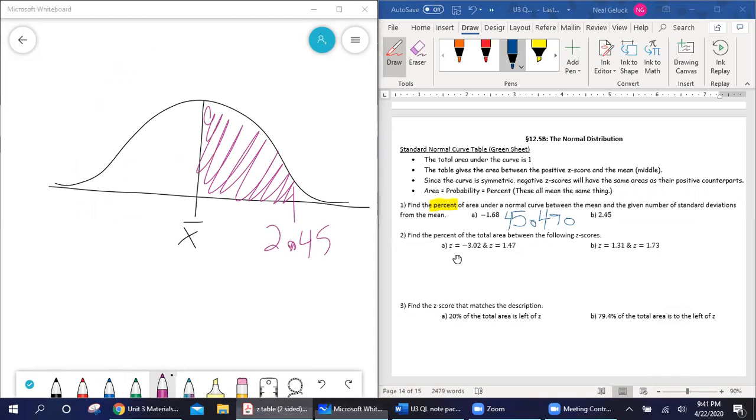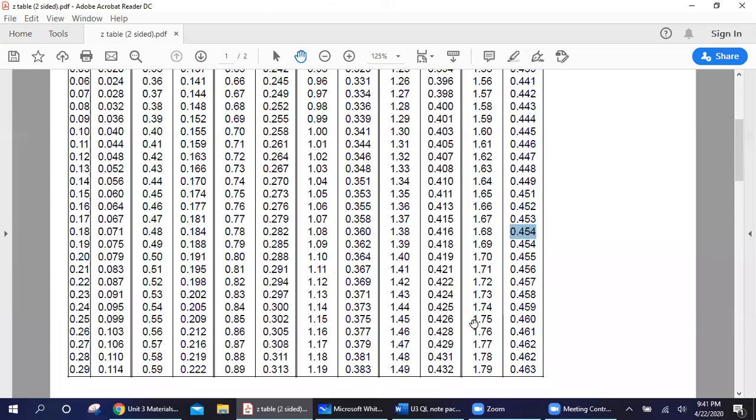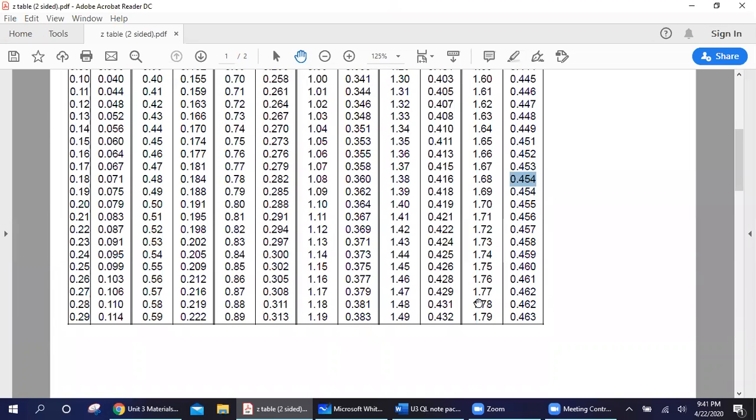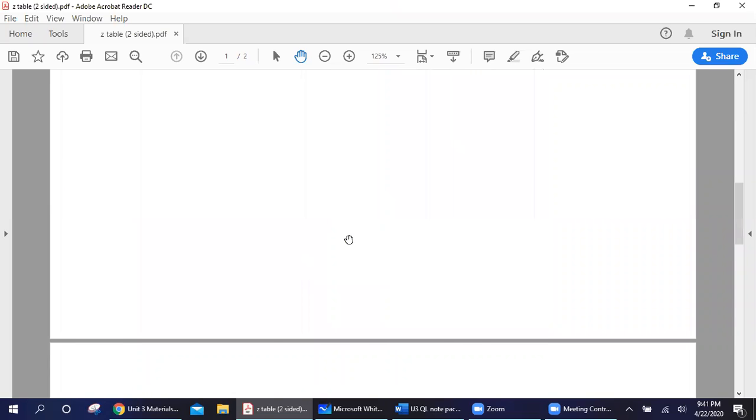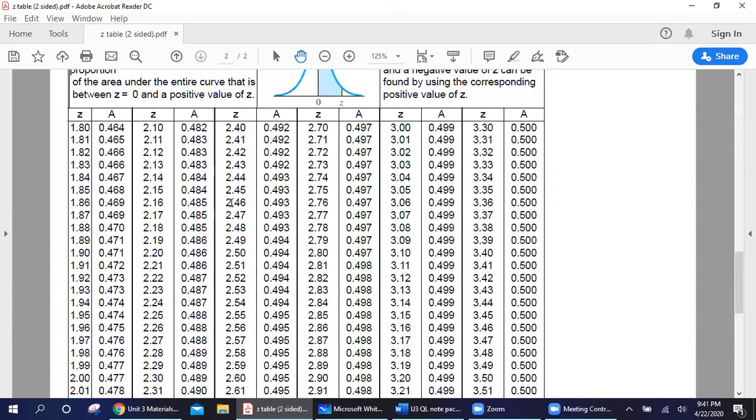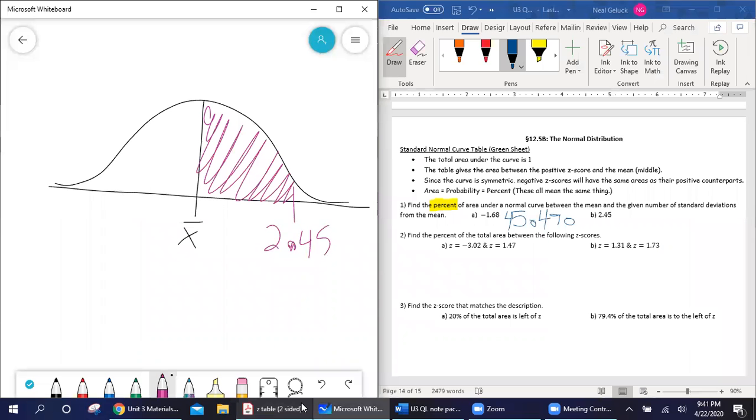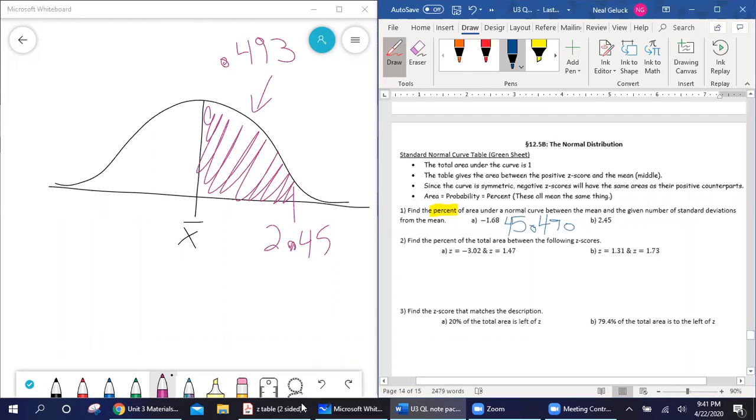So on my table, z-scores, oh, it only goes to 1.79, so I've got to go to the next page. 2.45 goes with an area of 0.493. So the area of this purple is 0.493. So to make it a percentage, I just move the decimal place over twice, and I would have 49.3%.